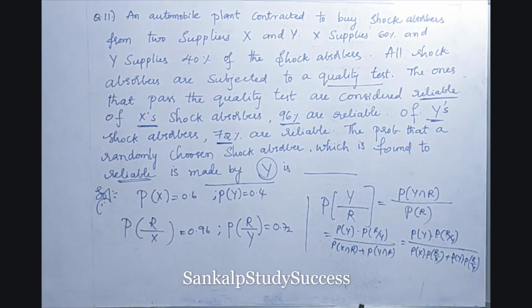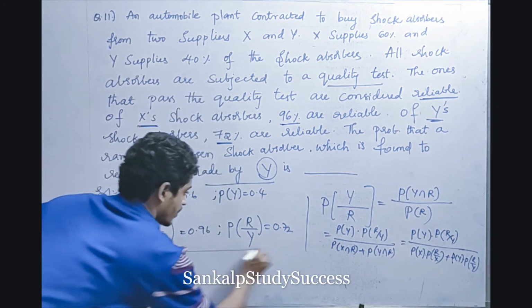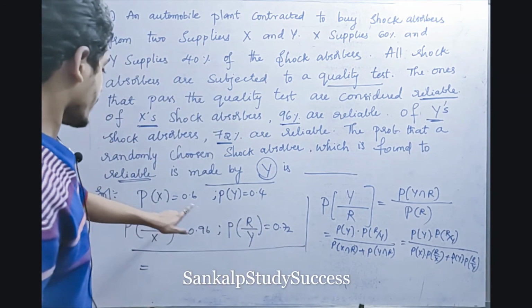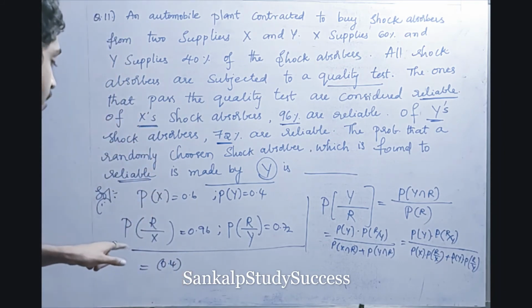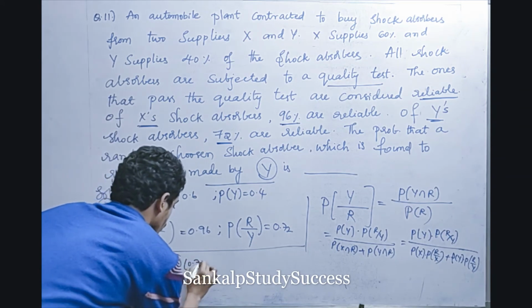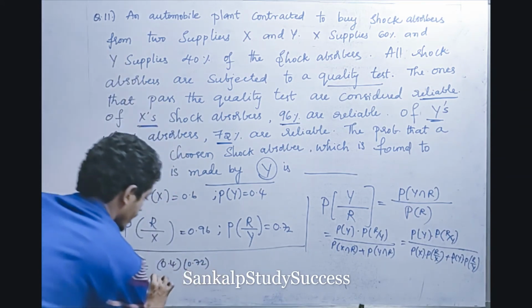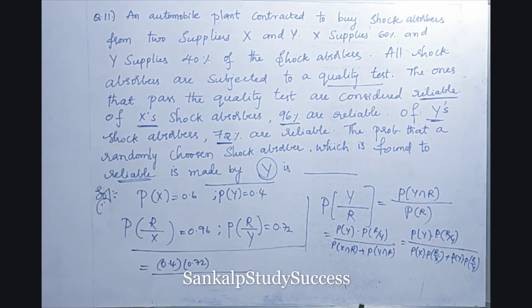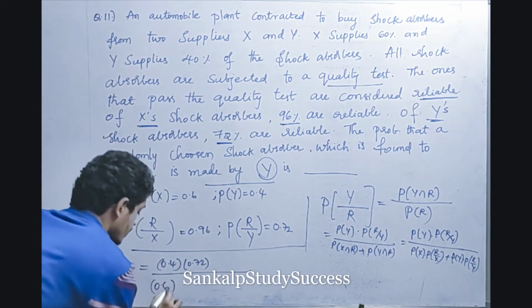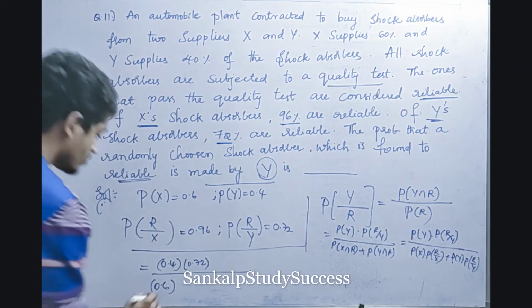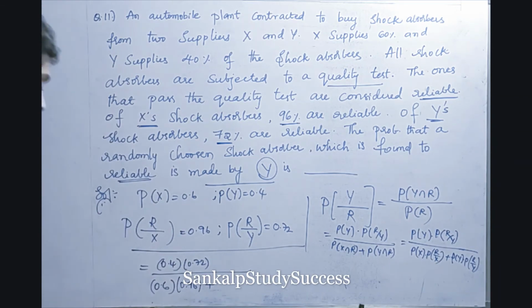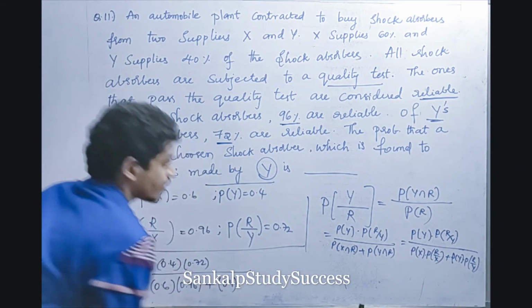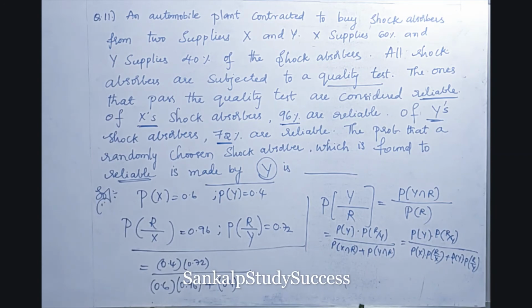So now we can apply the given data values in that equation. Now what are we going to get? What is P of Y here? 0.4. 0.4 into, what is P of R by Y? P of R by Y is 0.72, whole divided by P of X. What is the value of P of X, friends? 0.6 into, what is P of R by X? 0.96, plus P of Y, which is 0.4, and P of R by Y, which is 0.72.